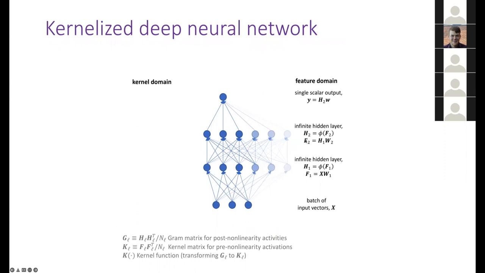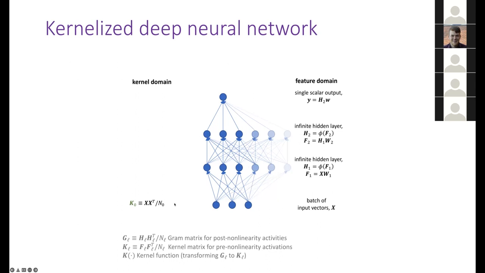And then again, f's, which are the previous layer h's multiplied by some weights, and then my h's, which are the f's, with the nonlinearity applied. Then again, I'm going to have a single scalar output, which is my top layer, h's multiplied by some weights. So then the question becomes, what happens in the kernel domain? Can I sort of write everything in the kernel domain? And the answer turns out to be yes, at least in this infinite limit.